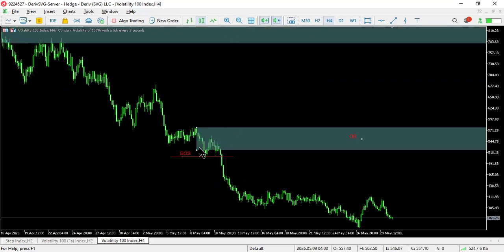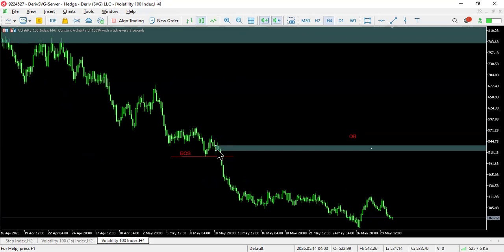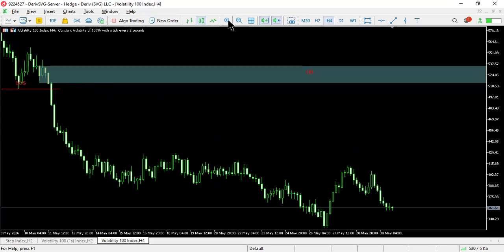From the 4-hour, adjusting our order block to the 4-hour time frame order block, it's going to be at that level. And then adjusting our break of structure, our break of structure will be at that level.